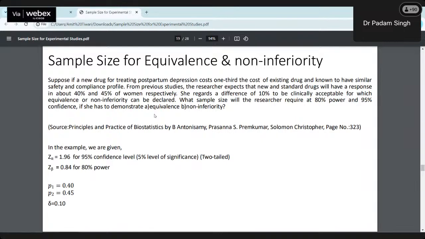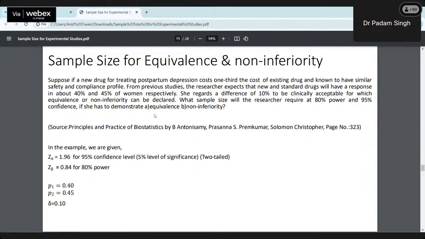So cost wise, one is cheaper. From previous studies, the researcher expects that the new and the standard drug will have response rate of 40% and 45%. But equivalence, बराबर ही है.